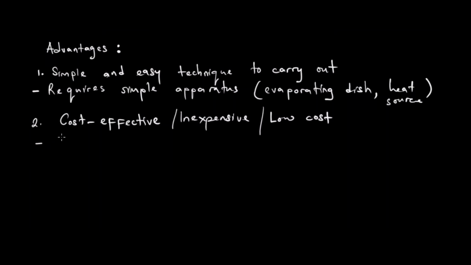It's not costly, because you just take an evaporating dish from the house, put the solution in, place it outside, and that's it. So it's cost effective, it's inexpensive, it is low cost. The reason is no expensive equipment is needed. That is going to be our second advantage.